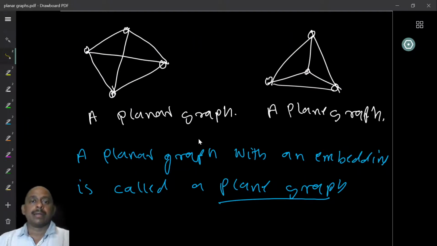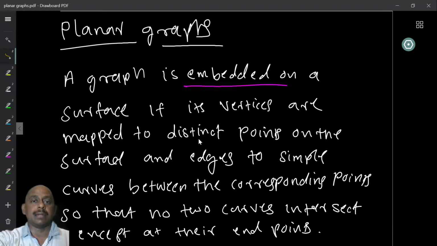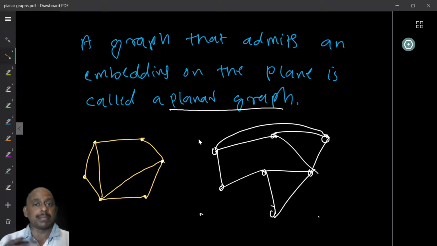Now, a graph can be a planar graph even though the representation that we draw on the plane is not satisfying this embedding property. What we are saying is that a graph is planar if it admits an embedding on the plane.